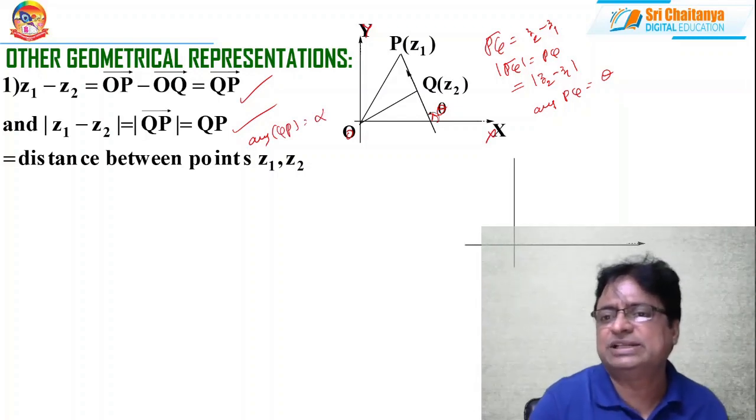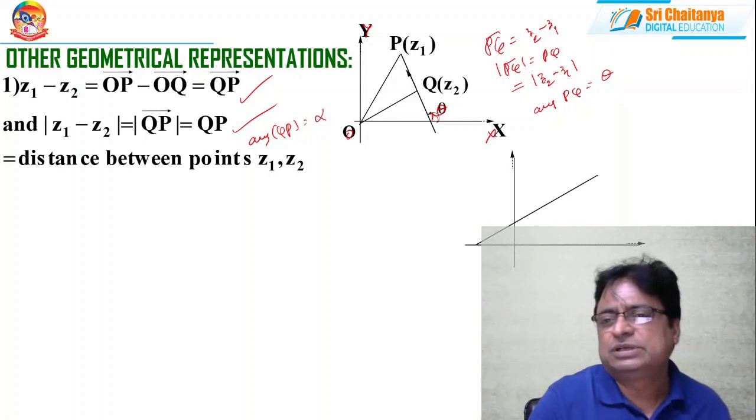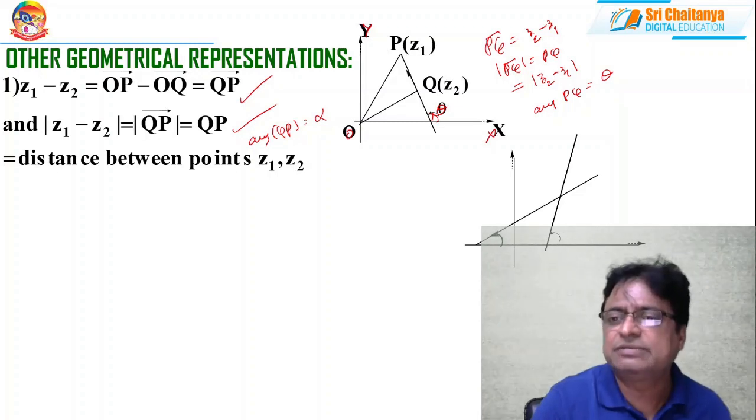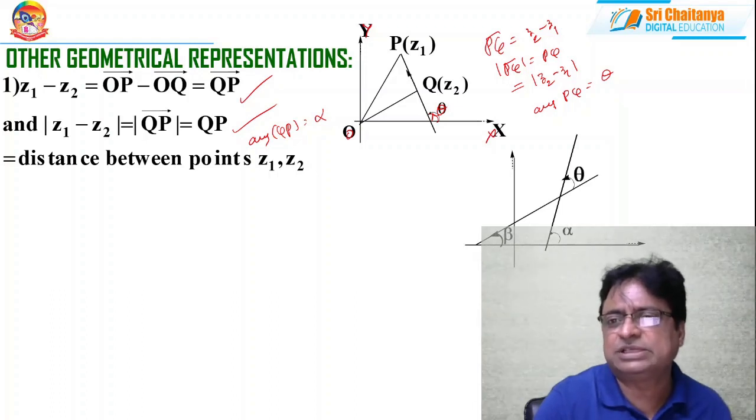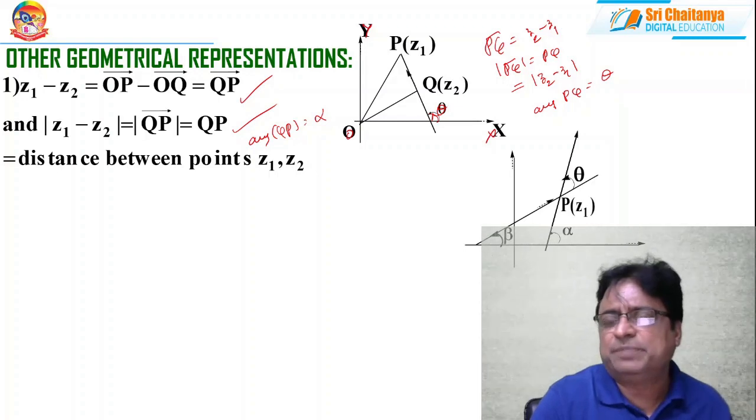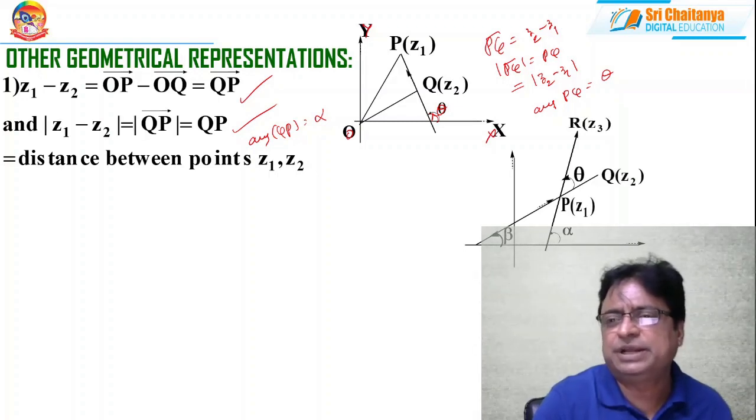Now try to understand this diagram. This is my x-axis and y-axis. See the angles and the directions very carefully. All are in the anti-clockwise direction. Suppose this is beta, this is alpha and this is theta, and this is the point P of z1, this is the point Q of z2, and this is the point R of z3.